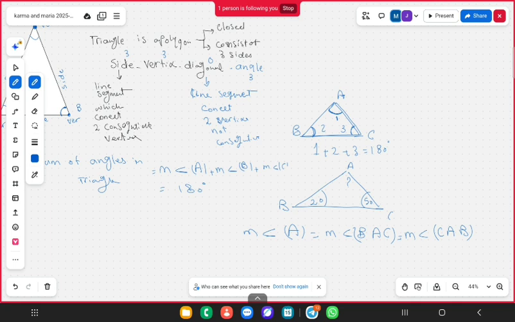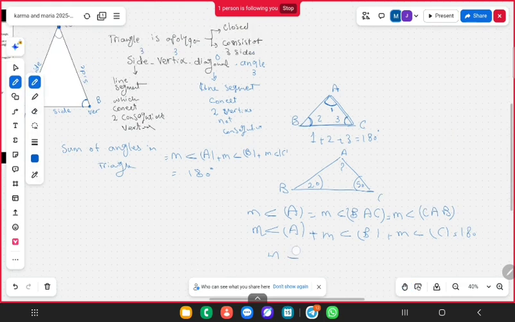If I subtract this 70 from 180, it will give me the measure of angle A. Of course, I know that the measure of angle A plus the measure of angle B plus the measure of angle C all equal 180. So if I want to get the measure of angle A, I will say it's 180 degrees minus, and open your bracket, put 20 plus 50.